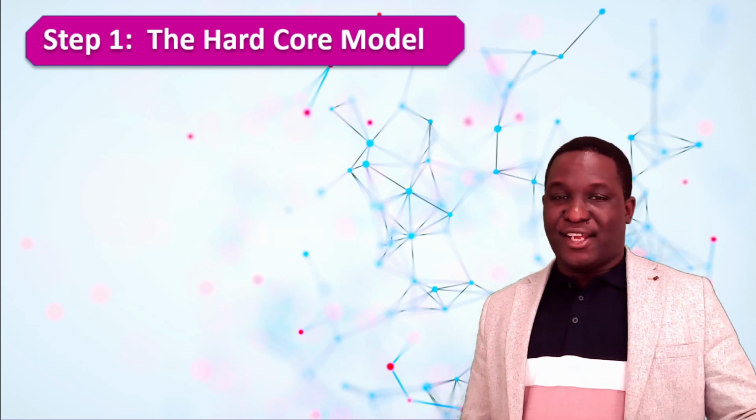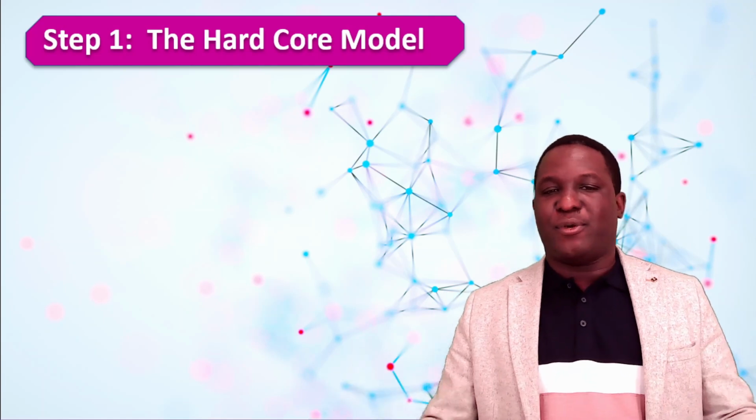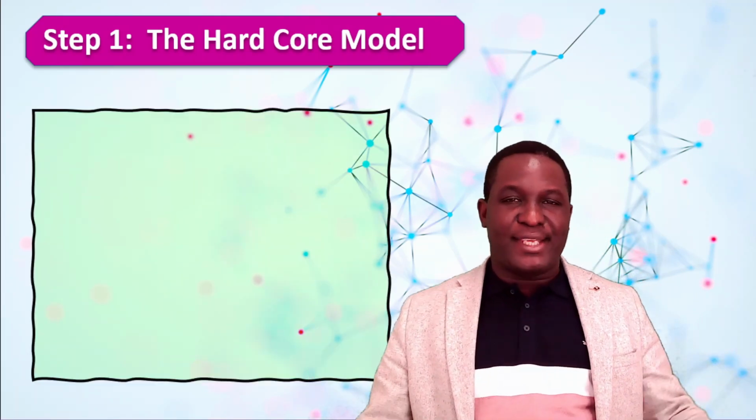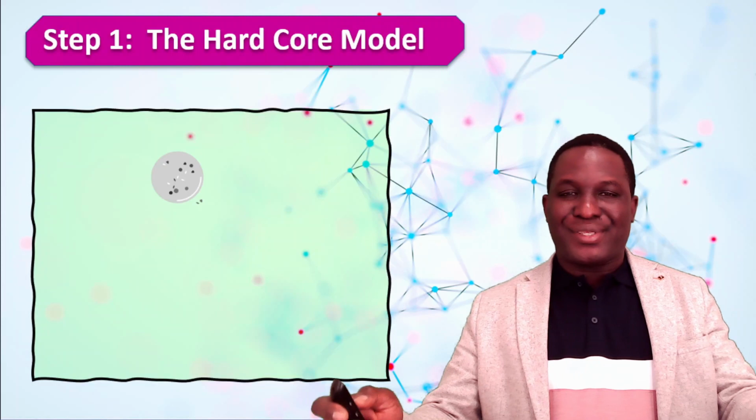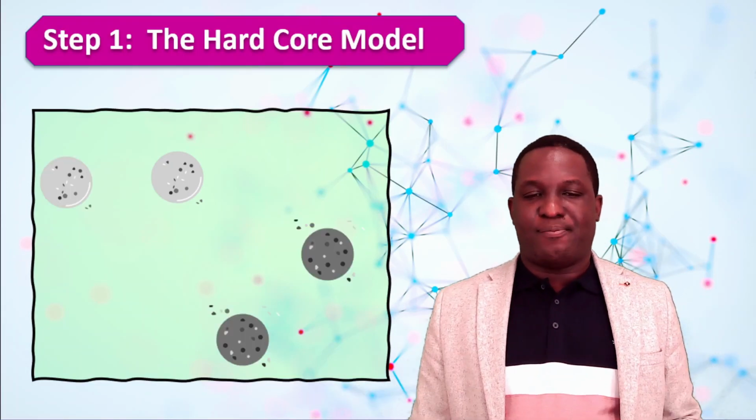Most Monte Carlo processes will always have this hardcore model, which is at the core of the Monte Carlo process. Basically, you've got a domain, and within that domain you start having particles randomly positioned within it.